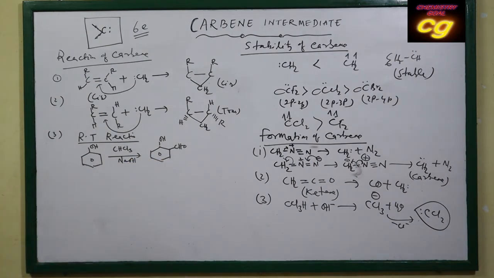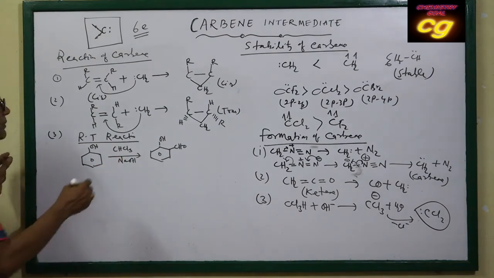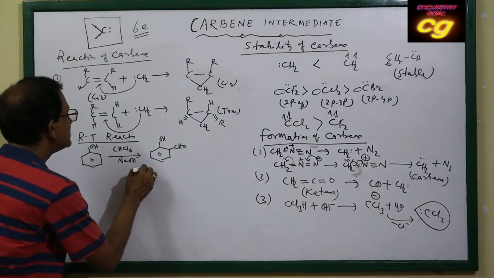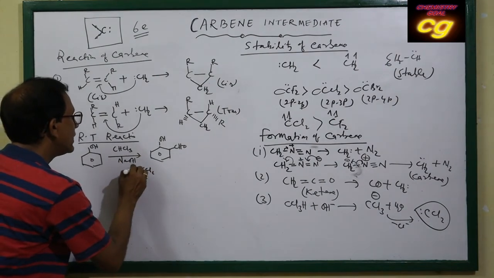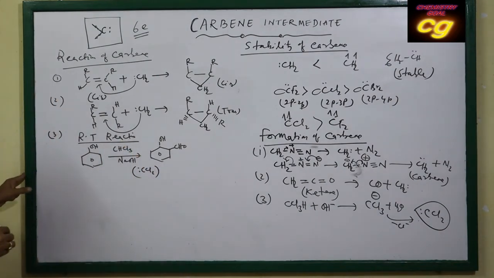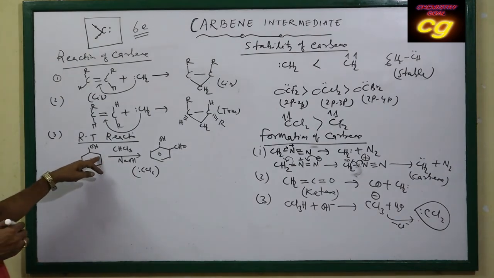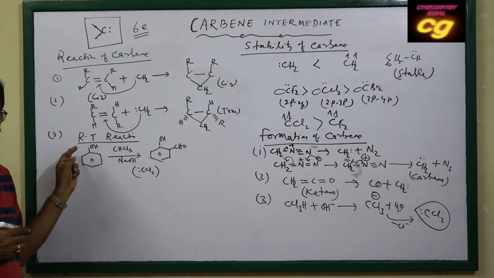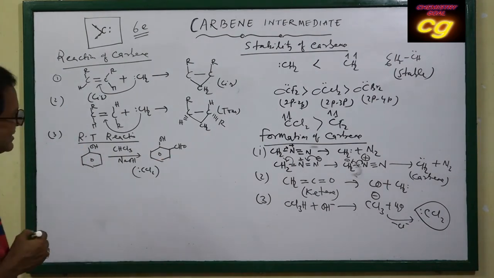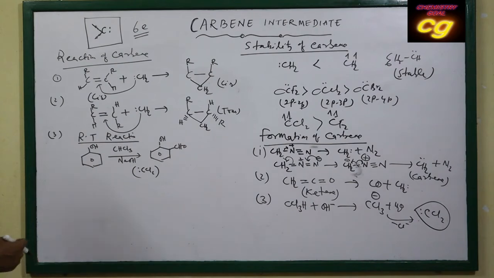This CHCl3 in the presence of OH mainly produces carbene, the CCl2 carbene, which acts as an electrophile and attaches at the ortho position of the phenol OH group, forming the formyl substitution of benzene. This is called the Reimer-Tiemann reaction.